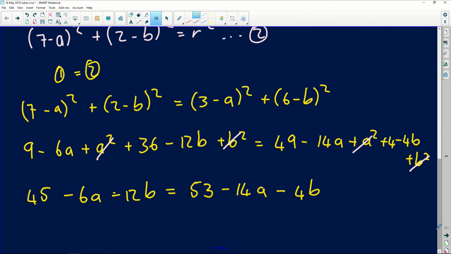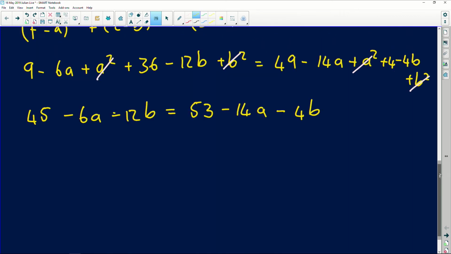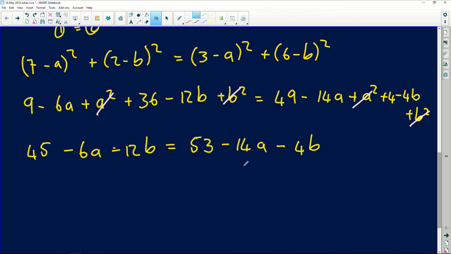Okay guys, so far so good. So at this point in time we can start collecting like terms, and that gives me negative 8 plus 8a minus 8b is equal to 0.